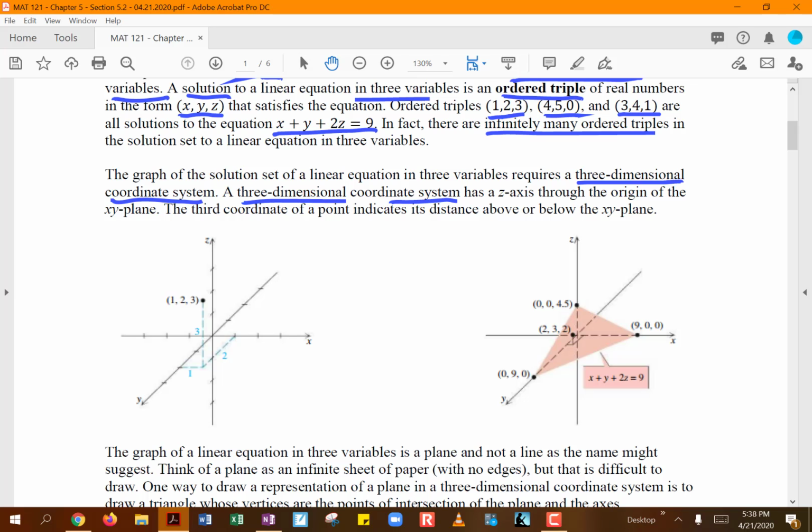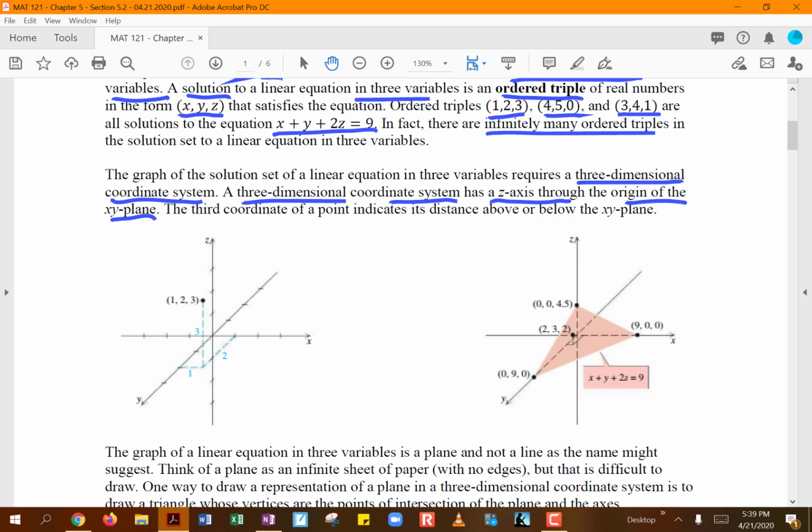three-dimensional coordinate system, we will also have a z-axis which will pass through the origin of your x and y plane. So what you want to think of is your x and y plane as being flat, you can imagine a flat piece of paper, your tabletop, or whatever, but it's going to be flat. And your z-axis is actually going to be passing vertically through this piece of paper or through your tabletop, whatever you imagine.